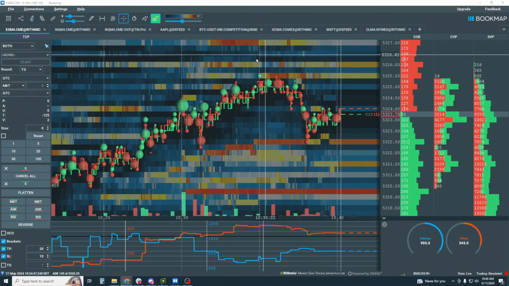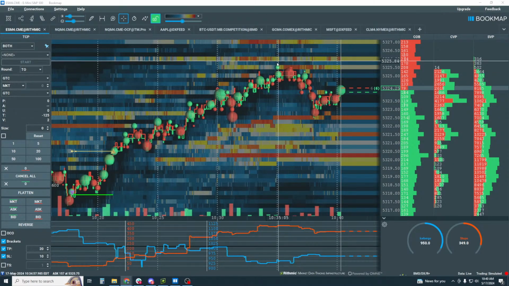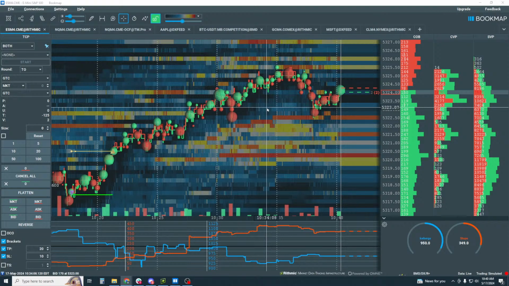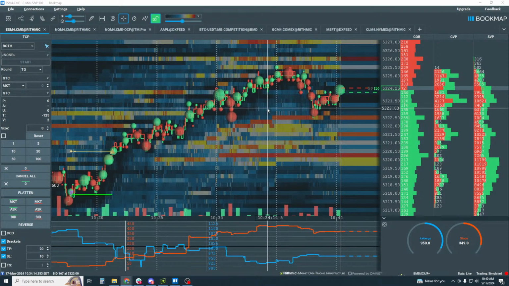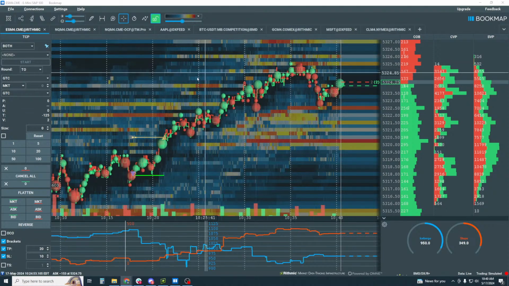Okay, and my question is, do we start to see this transition for a reversal up here? And I don't see it yet. I just don't see enough criteria in here.